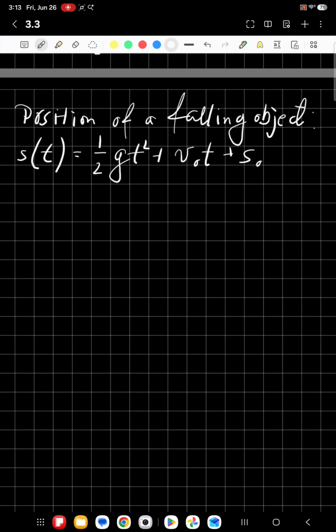Let me describe those values. The gravitational constant is usually given in meters per second squared.